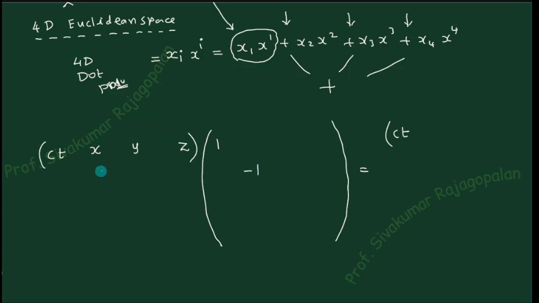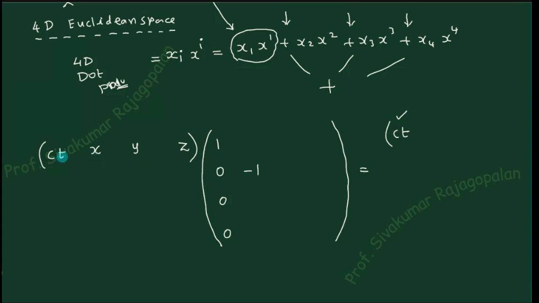If you put a minus 1, what happens is now you have to make this product. And remember that this matrix multiplication requires you to take this row and then take the column, multiply, and then add everything. Then only you get a ct. If you put a 1 here, then trouble will come because x has to be added here. So you put a 0, so that ct into 1 plus x into 0 plus y into 0 plus z into 0. So that gives you ct. So that's how it comes here.